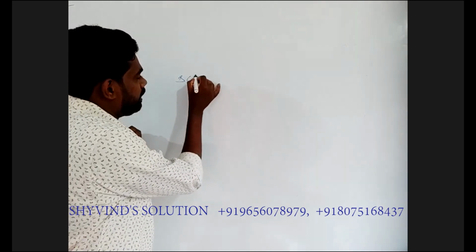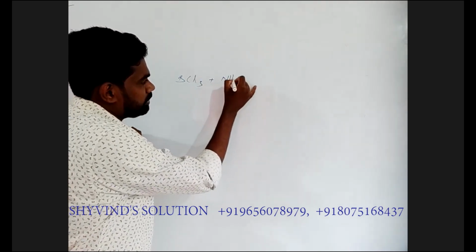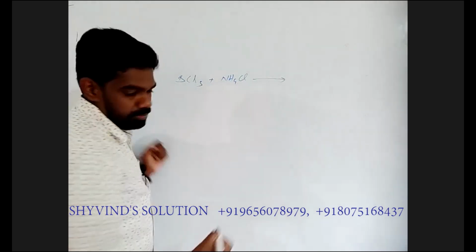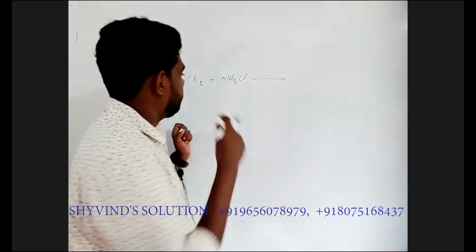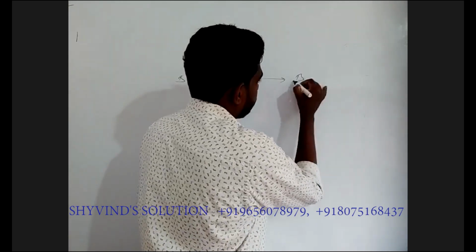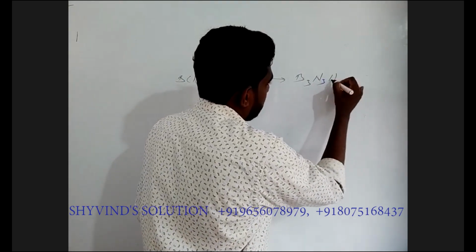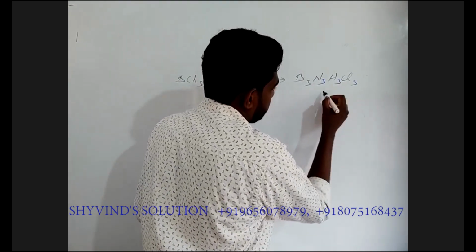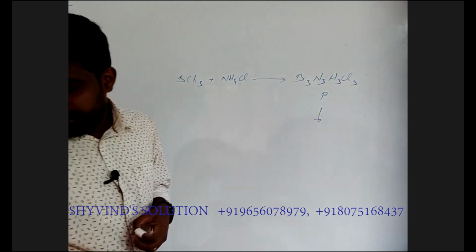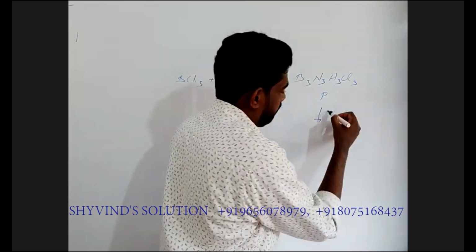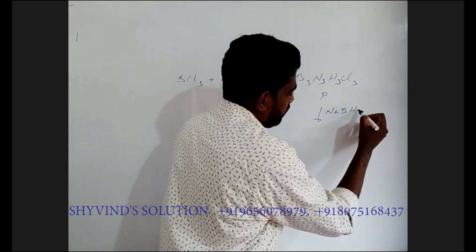So if we treat BCl3 with NH4Cl at 140 degrees Celsius, we get B3N3H3Cl3. This is P. Now we should treat this P with NaBH4.